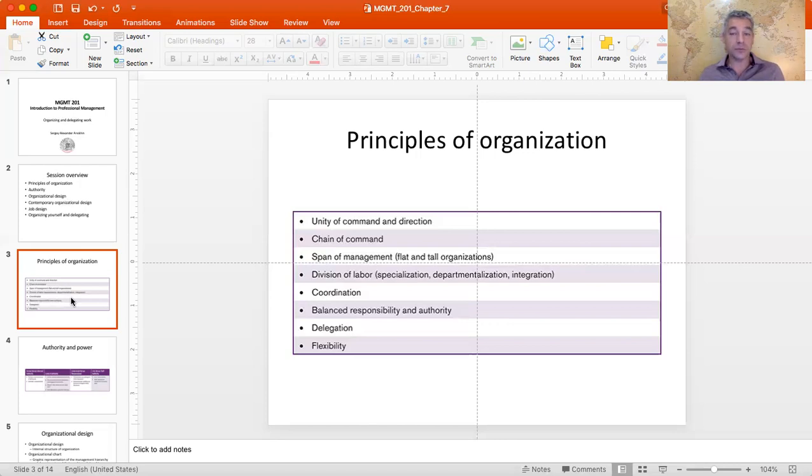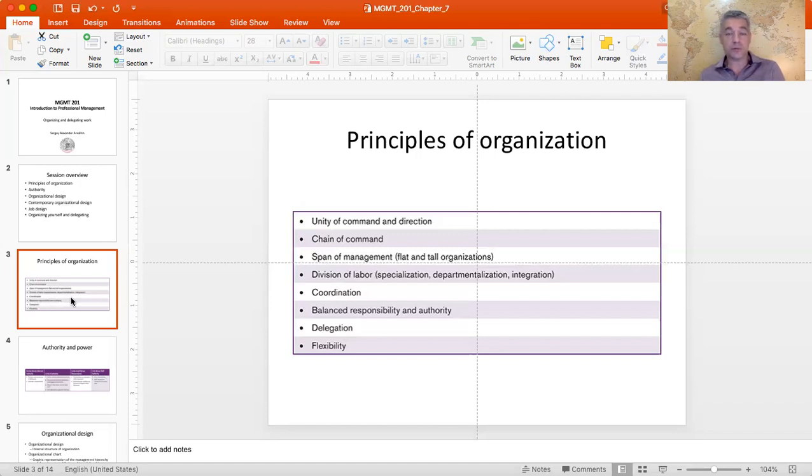Right? This is a formal process where you empower your subordinate to do some tasks on your behalf, on the organization's behalf. You also give the person not just the responsibility for the task, but the authority to make decisions.